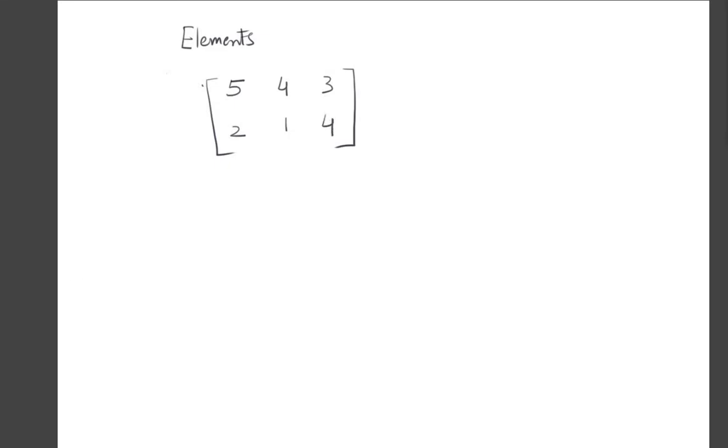Can you tell me quickly what is the order of the matrix, please? So 2 cross 3. Great. So we've got a matrix which is of 2 cross 3.